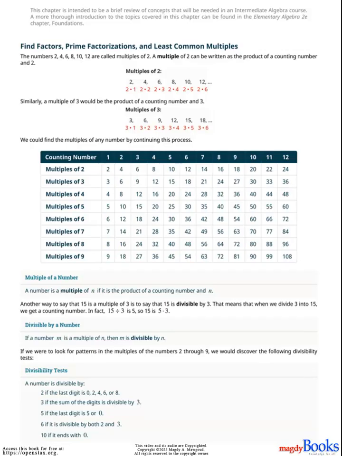We could find the multiples of any number by continuing this process.